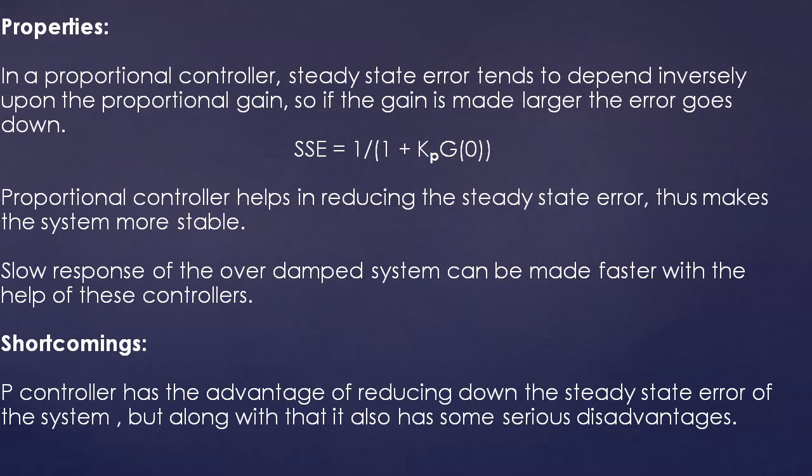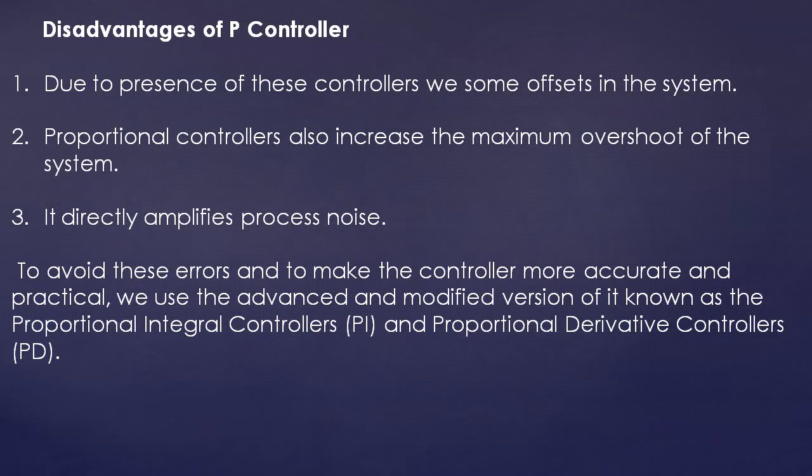Then under shortcomings, the P controller has the advantage of reducing the steady state error of the system, but along with that it also has some serious disadvantages. Under disadvantages of the P controller, we have seen the first one is that due to the presence of these controllers we get some offset in the system.